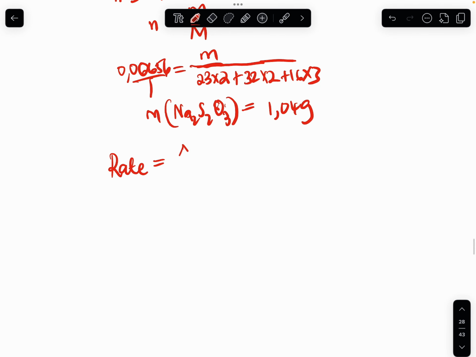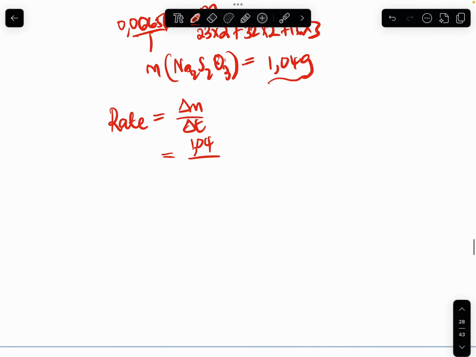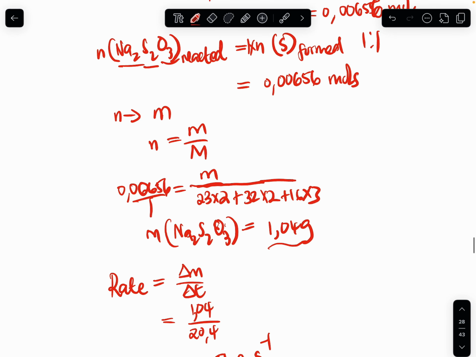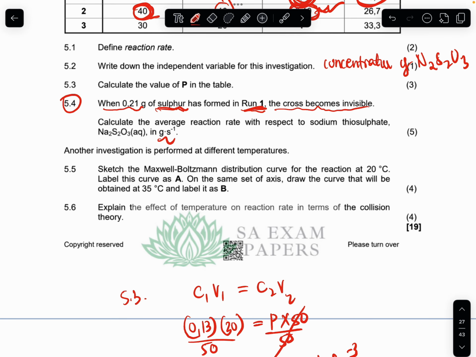So the rate is going to be change in mass over change in time, which is 1.04 divided by the time, 20.4, and the answer there is going to be 0.051 grams per second. That's our rate there, right? So that's the answer there.